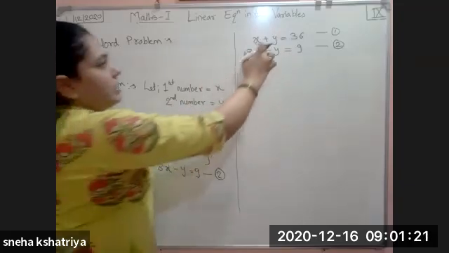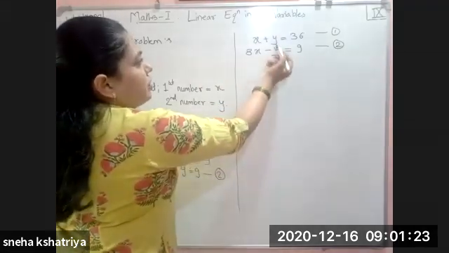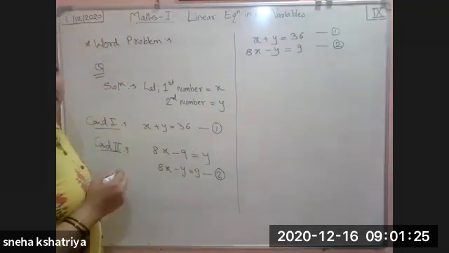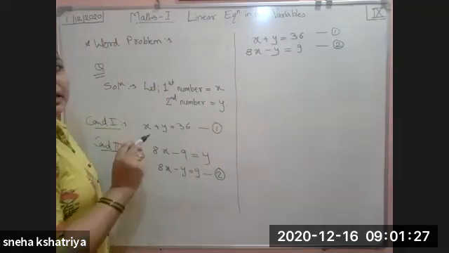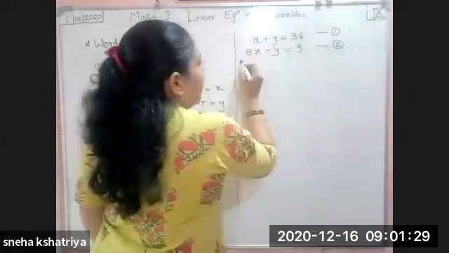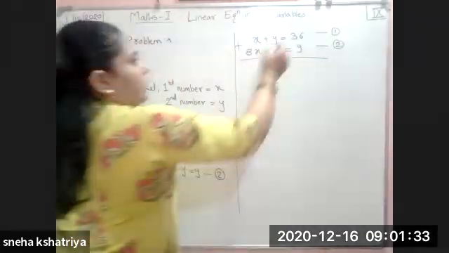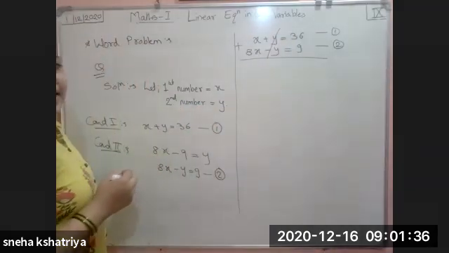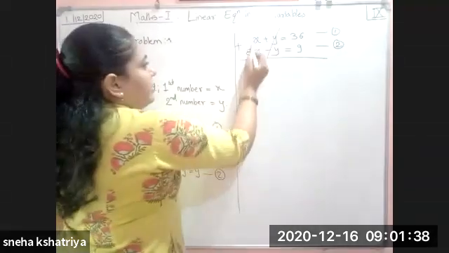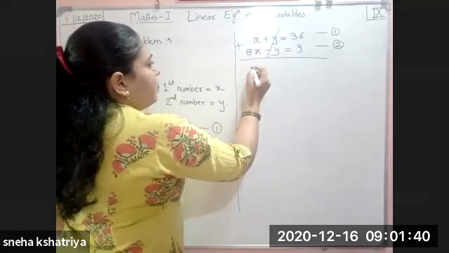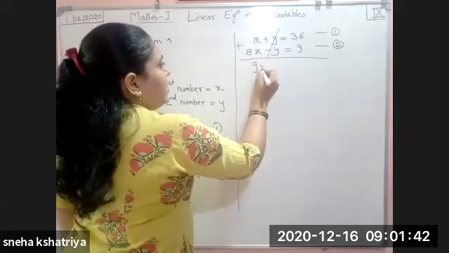I guess here the elimination method is easy because you can see plus y and minus y are there. It can be eliminated easily. If we add both the equations, we can cancel plus y and minus y. And here 8x plus 1x, so this becomes 9x.